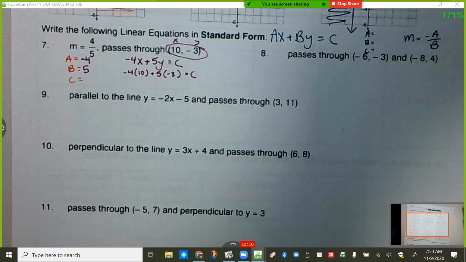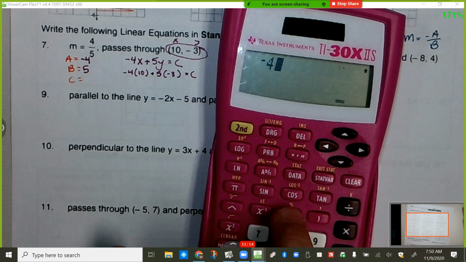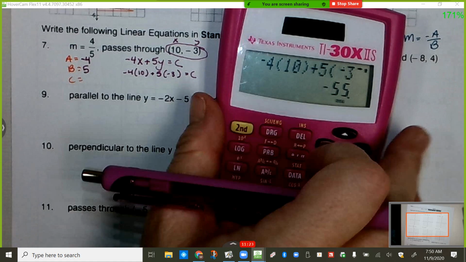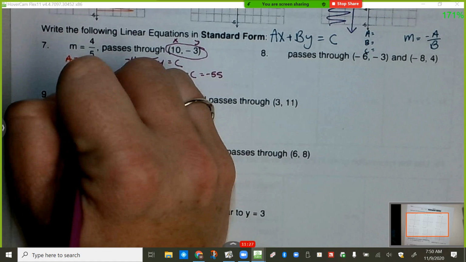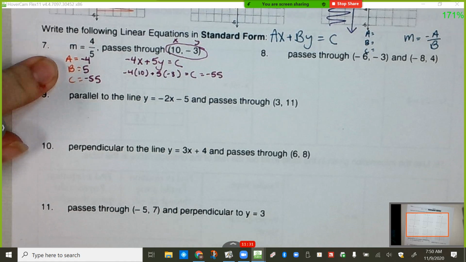And then use your calculator. -4 times 10 plus 5 times -3. So it tells me -55. So I know that c equals -55. Now, is a allowed to be negative?